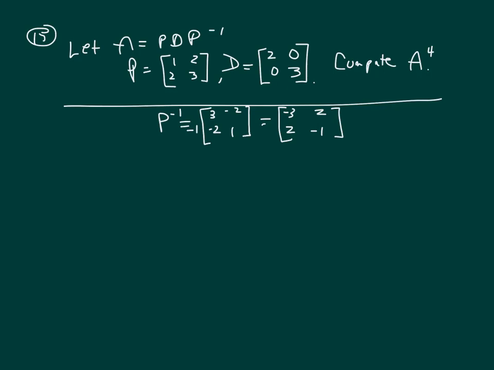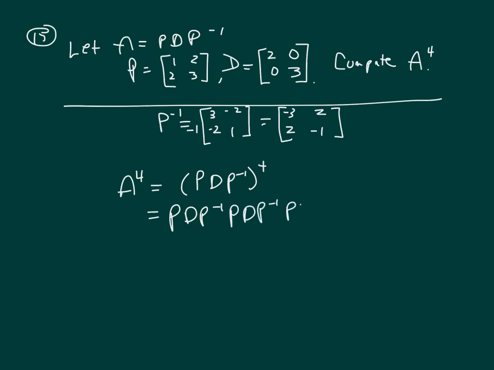Okay, so if A is equal to P times D times P inverse, then A to the fourth is equal to P times D times P inverse, to the fourth, which would be something like this. And our P inverse P's are going to multiply together to give us the identity.